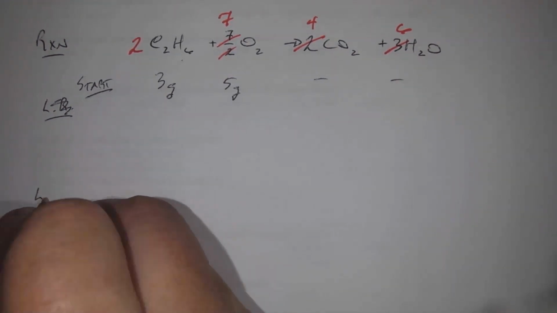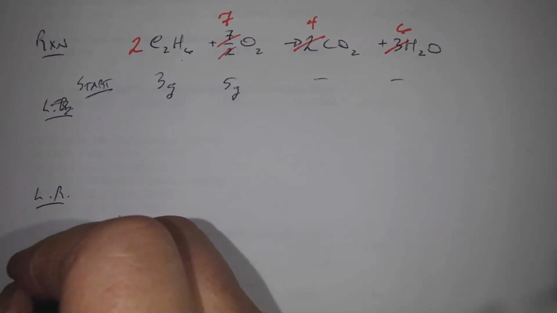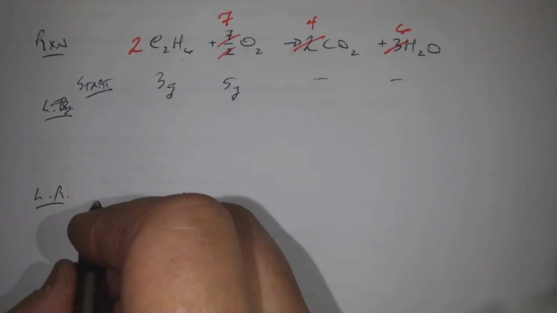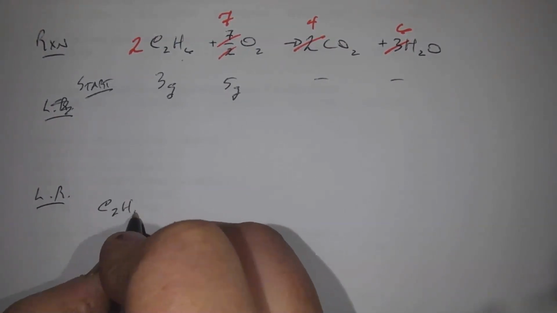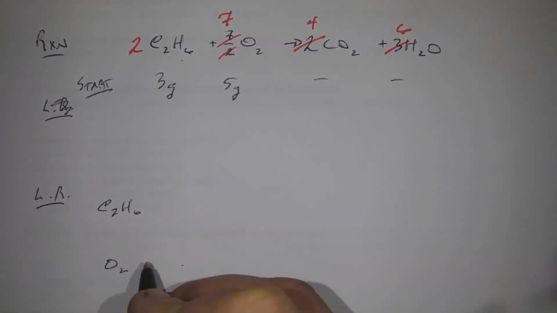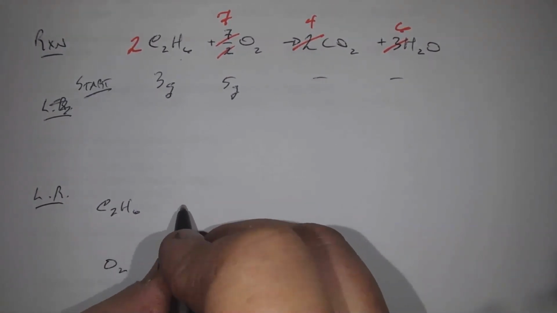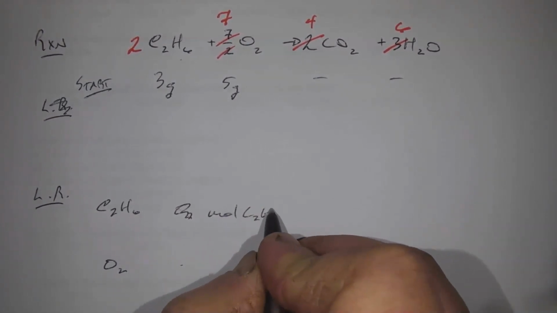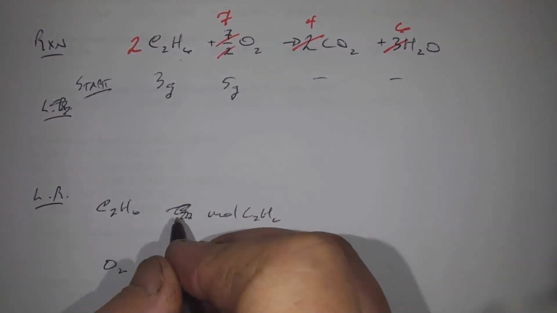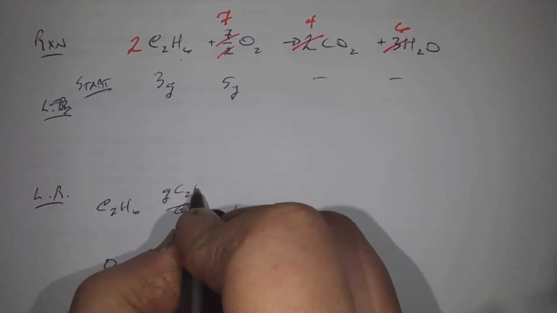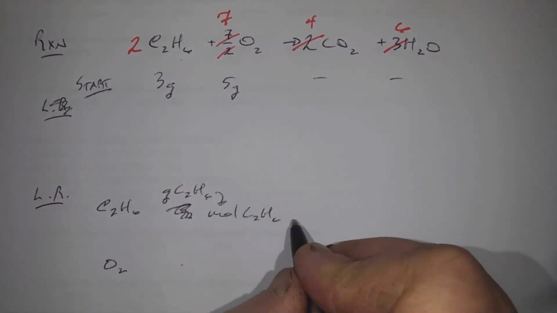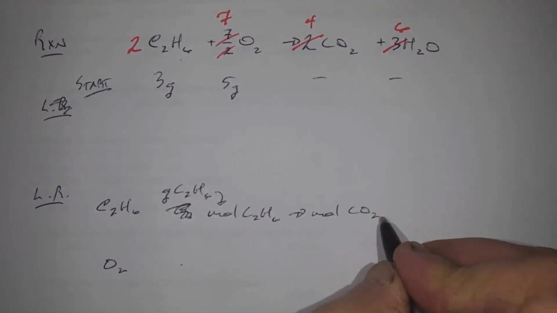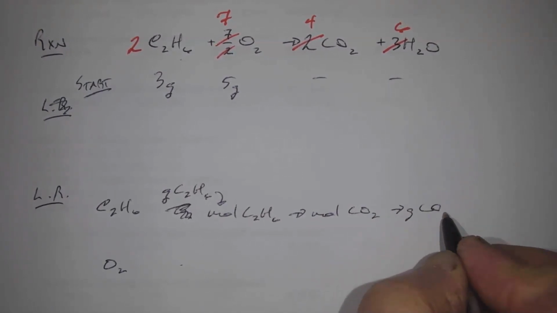But we're going to have a limiting reagent problem where we need to ask ourselves, which is the limiting reagent? Is it C2H6 or is it O2? So if it's C2H6, our roadmap is grams of C2H6 to moles of C2H6 to moles of, let's pick CO2, to grams of CO2.